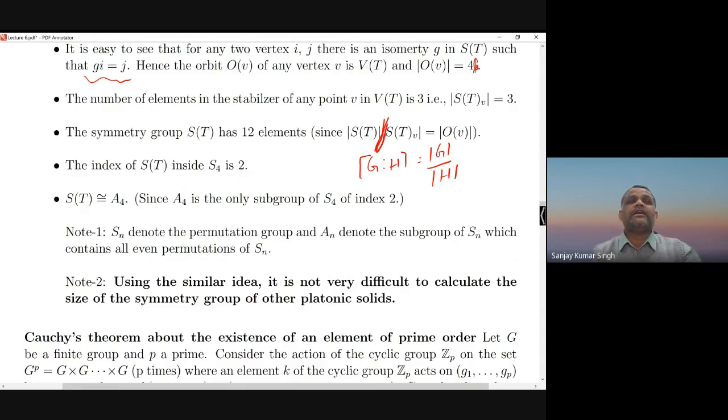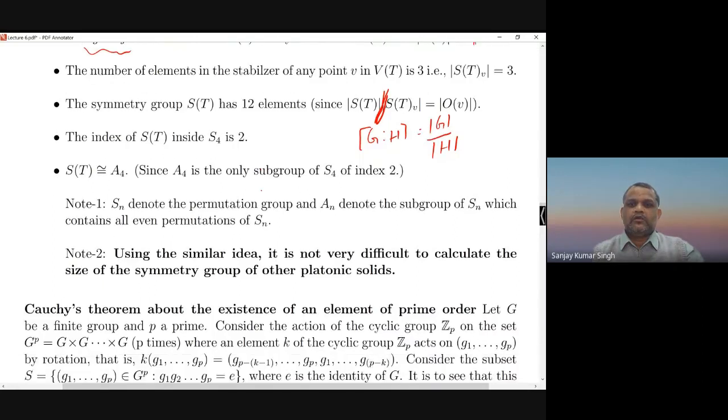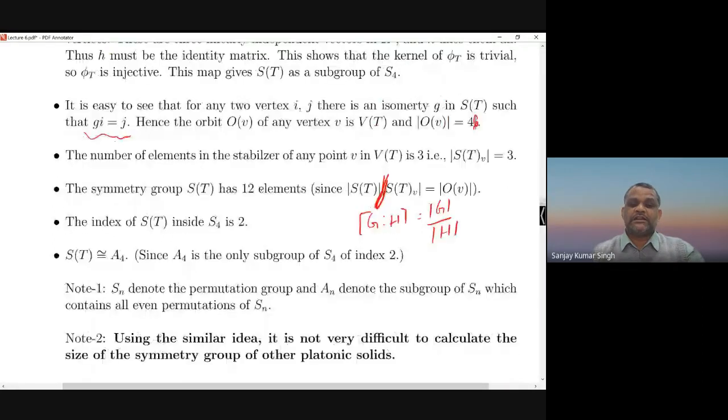The theorem says that whenever P divides the order of a group, then there exists an element A inside the group G such that the order of A is P. Who is not familiar with this theorem? So that theorem is known as Cauchy's theorem.